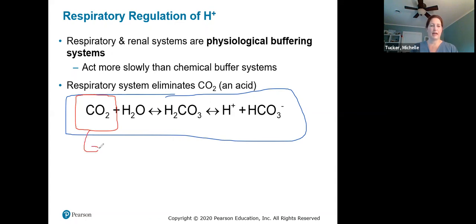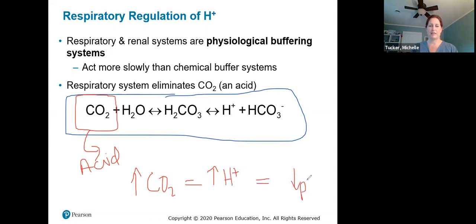CO2 acts as an acid. So if you increase CO2, that will cause an increase in hydrogen ions, which leads to a decrease in pH.